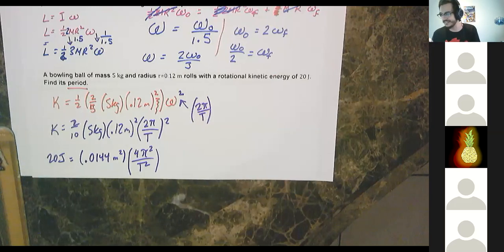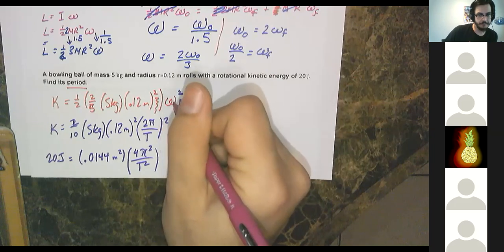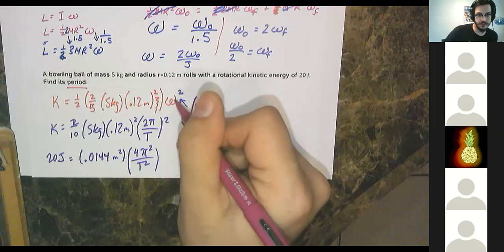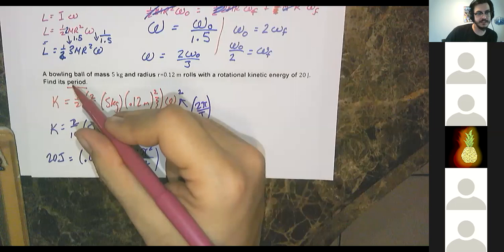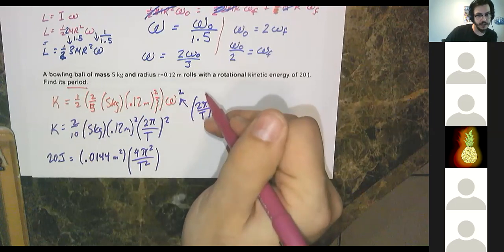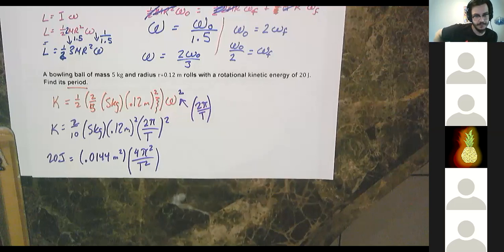So why did you put 2 pi over t for w? You cut out for me when you explained that. Okay. This is your velocity, right? So if this is your velocity, it's displacement over time. Period is the time in 1 rotation, which is 2 pi radians. Okay, I understand. All right, thank you.